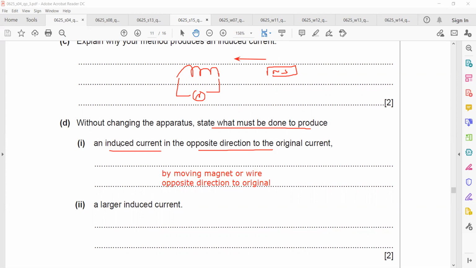If we want to produce a larger induced current, greater EMF or voltage, what should we do to produce a larger induced EMF?